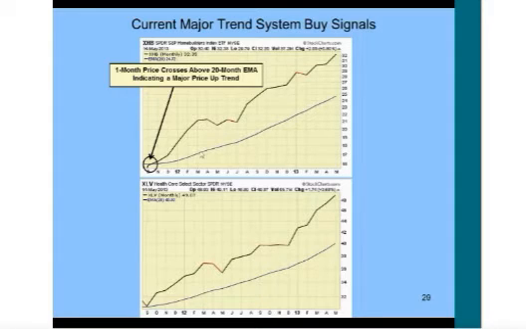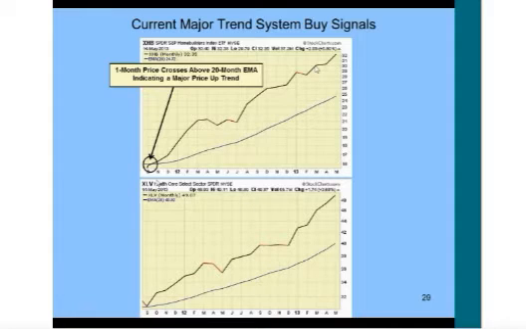It only takes a few seconds to download these charts. So just by looking at this chart, you can see the Home Builders ETF is in a very strong price uptrend, and the 1-month price has remained above the 20-month EMA, indicating a buy signal with the major trend system.